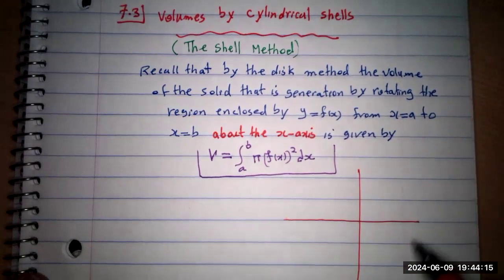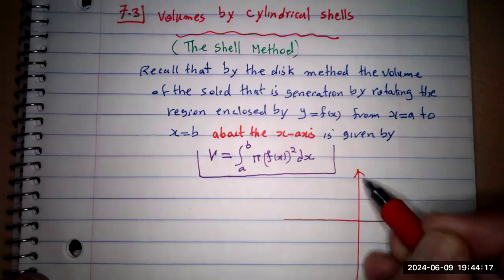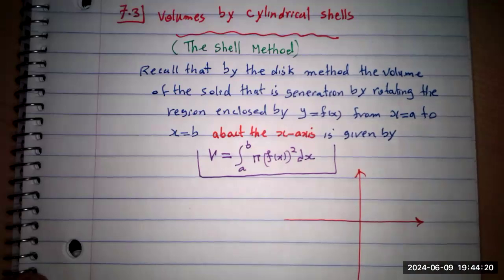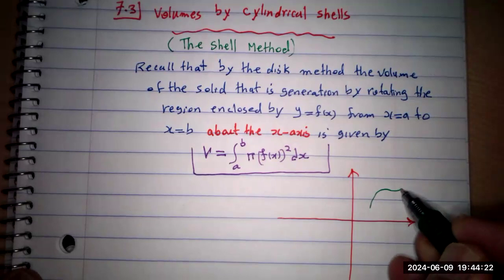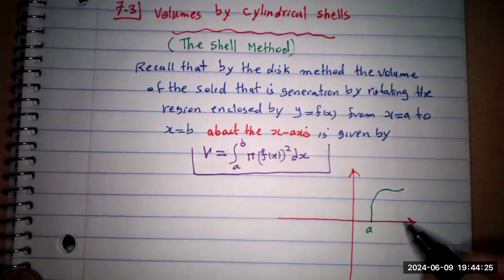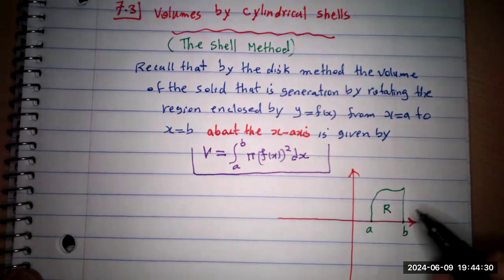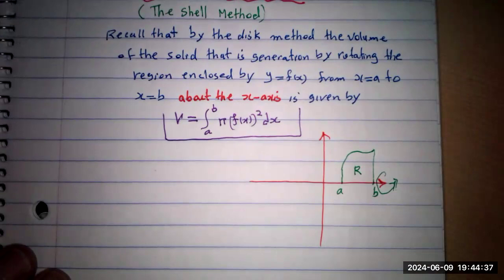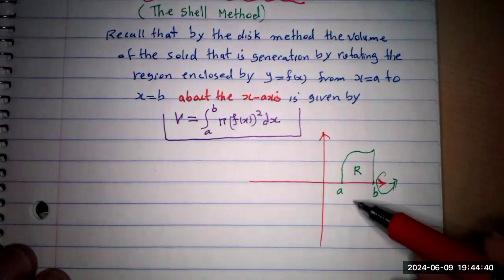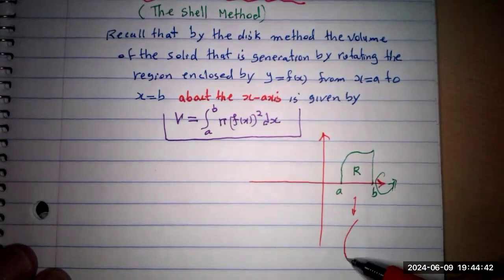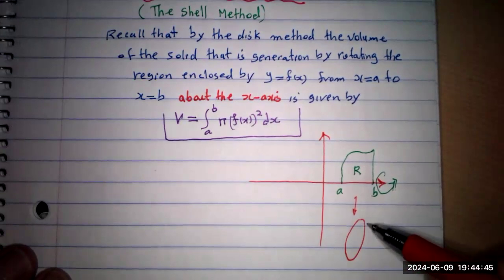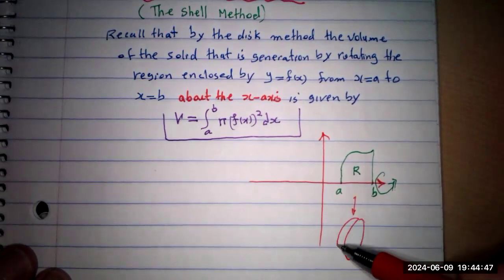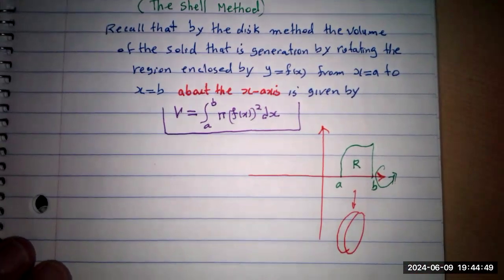In this case, this is the graph of the function, from a to b. That's the region in question. What we did, we rotated it along the x-axis. You know that we partitioned it and we rotated along the x-axis, so the result was a circular disk.